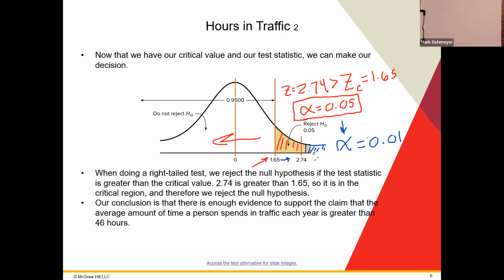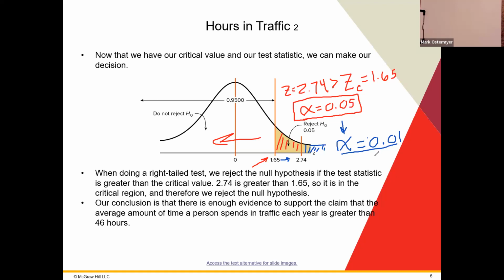But what happened? What happened is my test statistic now is no longer found in the rejection region. It's found in the do not reject the null hypothesis region. So here's the problem. Yeah, ladies and gentlemen, we could lower our level of risk from 5% down to 1%.